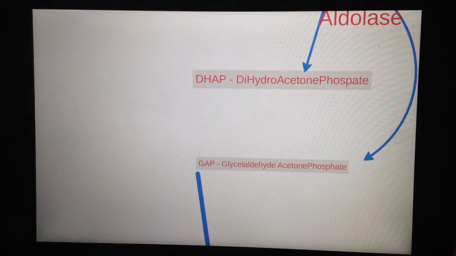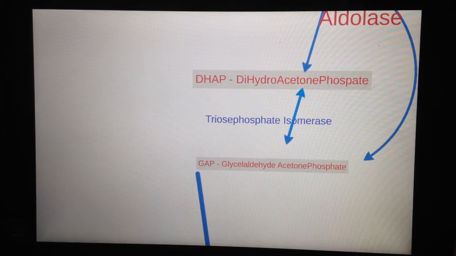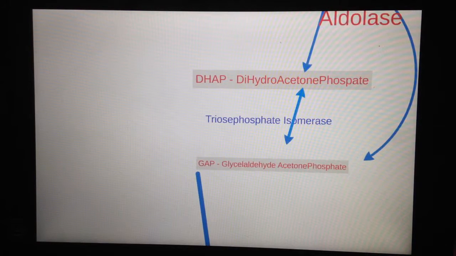The fifth step is the conversion between DHAP, the dihydroxyacetone phosphate, and GAP, the glyceraldehyde phosphate, by an enzyme called triose phosphate isomerase. Again, the word isomerase is coming in. So basically, they probably have the same molecular formula, just with different positions of groups.